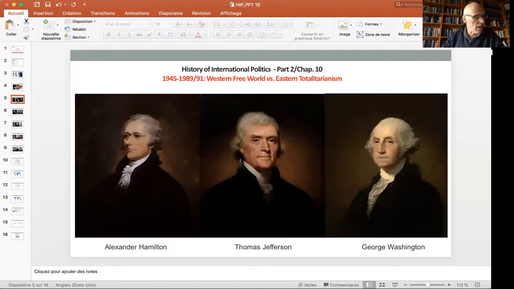Why, I go on quoting, why forego the advantages of our peculiar situation? Why, by interweaving our destiny with that of any part of Europe, entangle our peace and prosperity in the toils of European ambition, rivalry, interest, humor, or caprice?